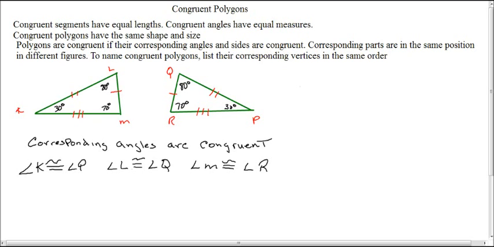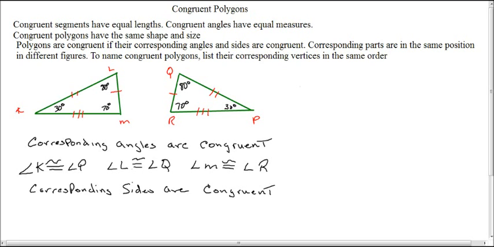So we can also say that if they are congruent, then our corresponding sides are congruent. Okay, so what do we mean by that?